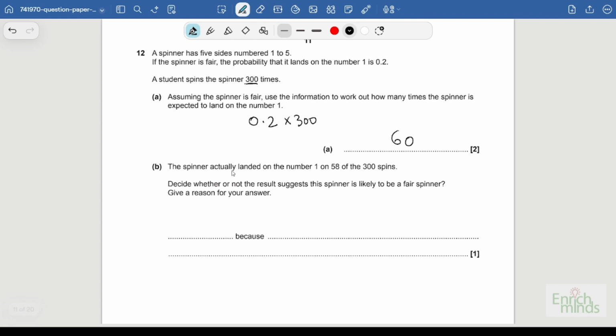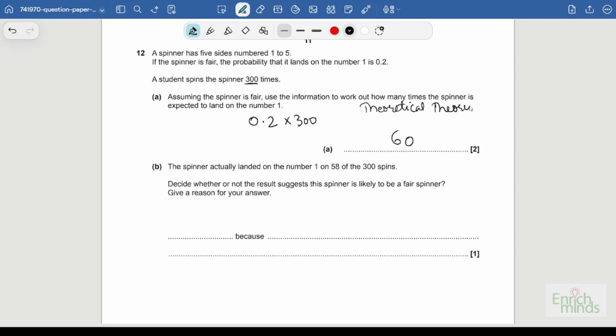The spinner actually landed on the number 1 on 58 of the 300 spins. Decide whether or not the result suggests this spinner is likely to be a fair spinner. Give a reason for your answer. Well, in part A, what we calculated was a theoretical probability.